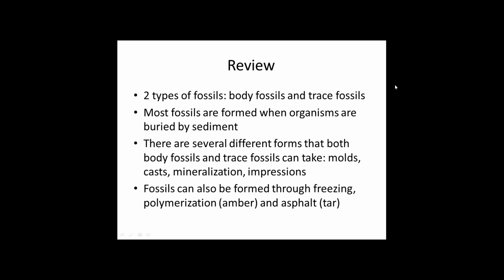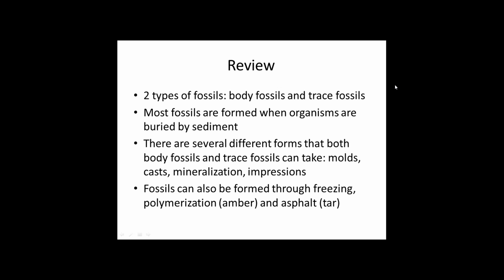Another type of fossilization that can occur is polymerization, or amber as it's more commonly known. It's basically the process by which tree sap is converted to fossil amber, and amber can occasionally trap insects or just different things, which preserves their bodies pretty perfectly. So it's also another form of fossilization that is not sedimentation.